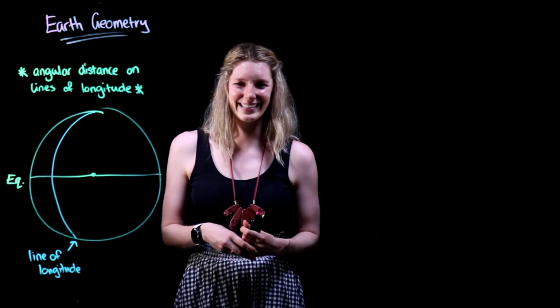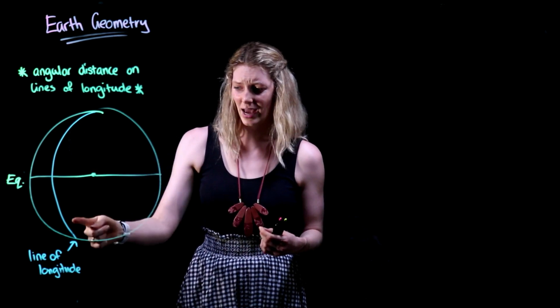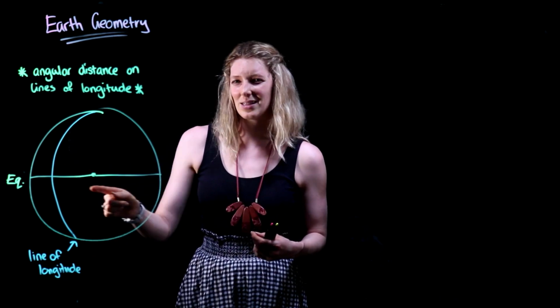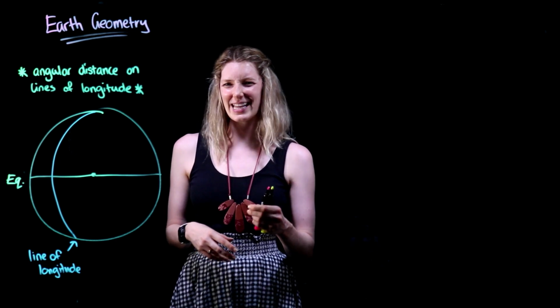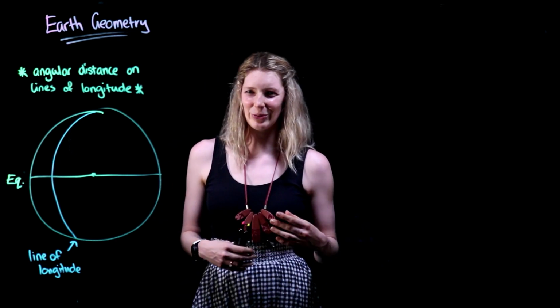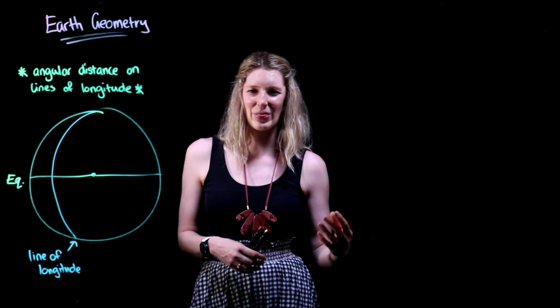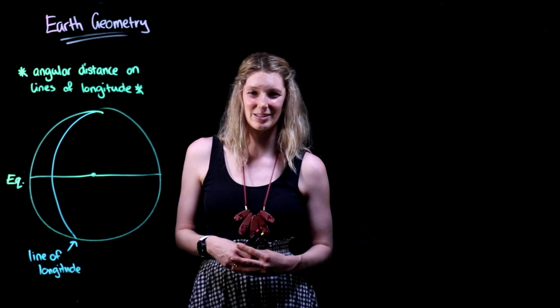Going back to our angular distance, we need to be able to take any two locations along this line of longitude and calculate the angular distance between them. In order to calculate these angular distances, we are going to use our north and south coordinates to help us.